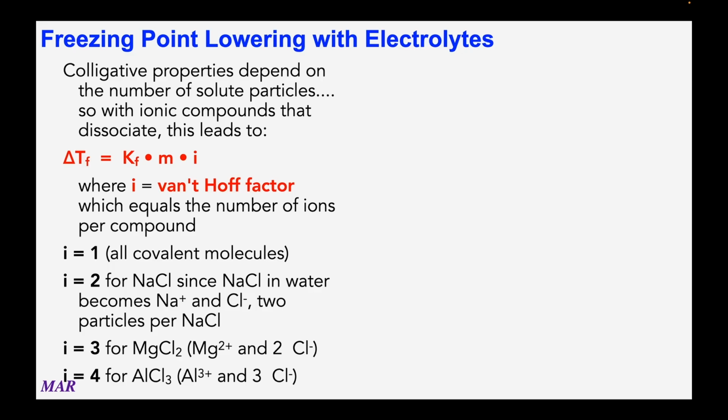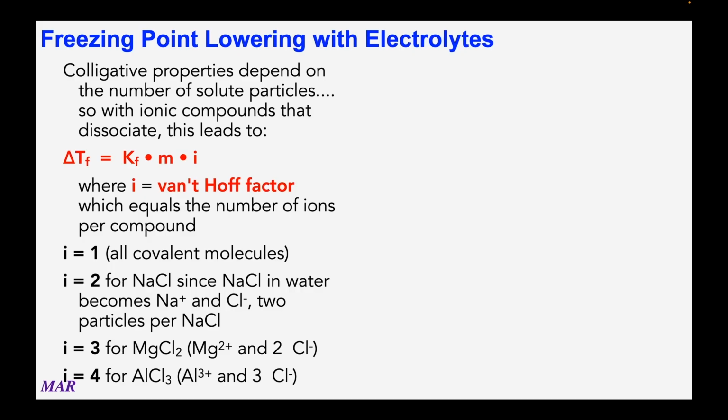However, sodium chloride breaks up into Na+ and Cl-. 2 particles, 2 ions per NaCl. So the Van't Hoff factor would be 2 because you have 2 pieces for every NaCl that breaks up. That's why your i factor is different. Now for magnesium chloride, you'd have a magnesium 2+ and 2 chlorides in solution.